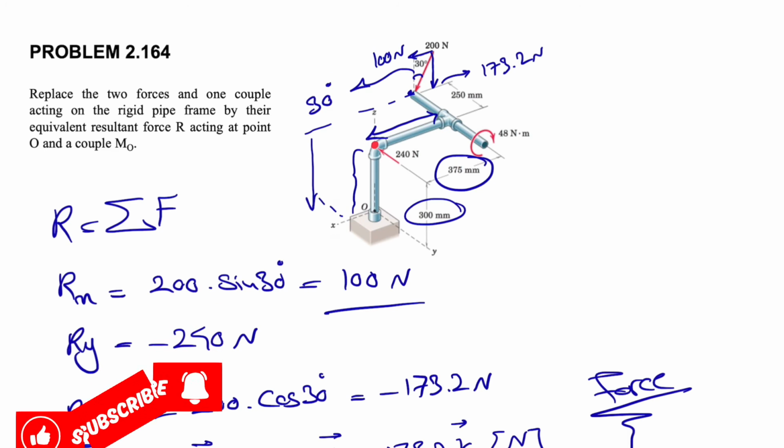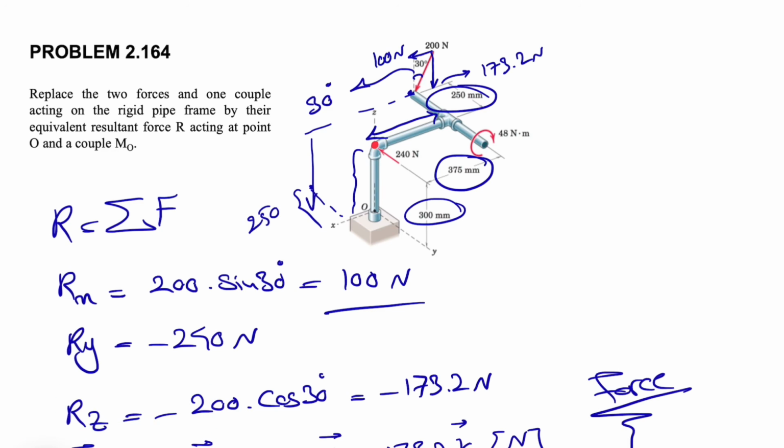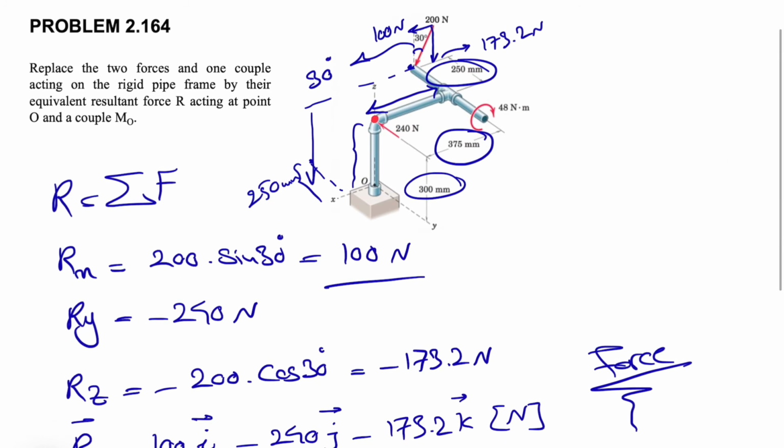So that would be one of the moments about point y. But if we look at the figure, we'll see that the 173.2 force also makes a moment about the x-axis too. If we continue this force here, it will be somewhere in here, and we know that there is a distance from here, which is the distance that we have in here, 250 millimeter, which means we have another moment for the 173.2 Newton force.